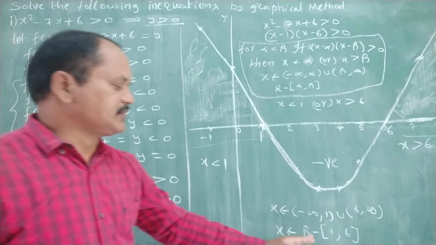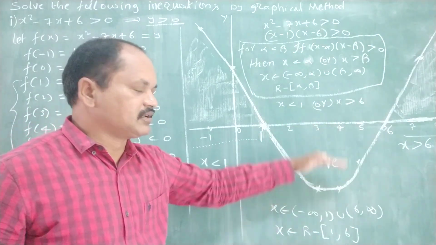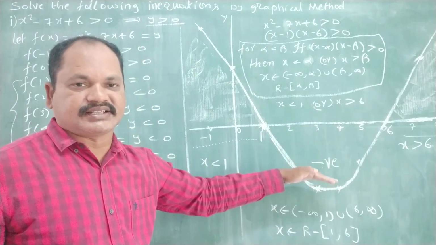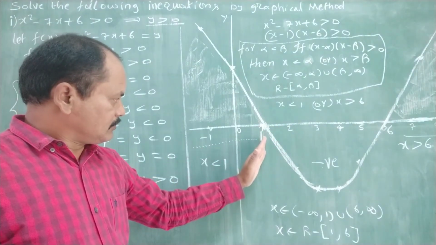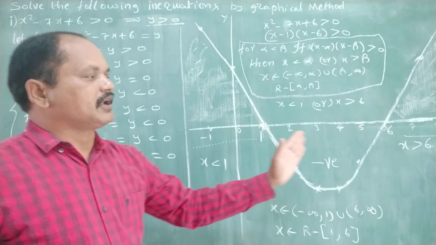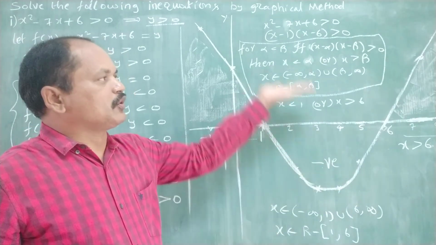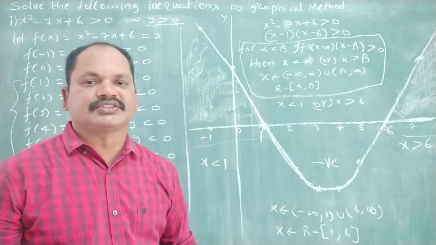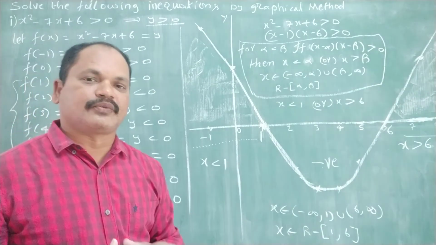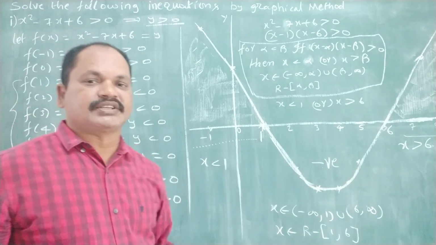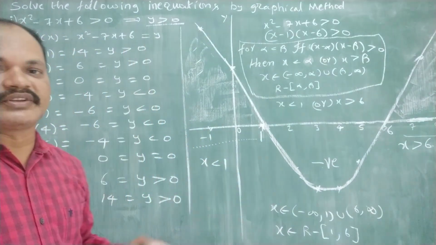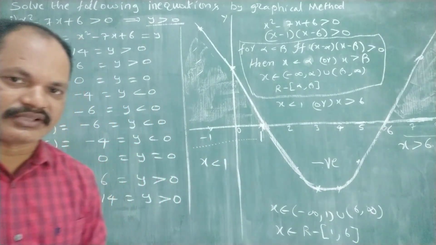In between 1 to 6 it is below the x-axis, so it is negative. Below 1 and above 6 it is above the x-axis, so it is positive. That's why the set of real numbers below 1 and above 6 satisfy the inequation. That is the solution set. Okay, that's all right.